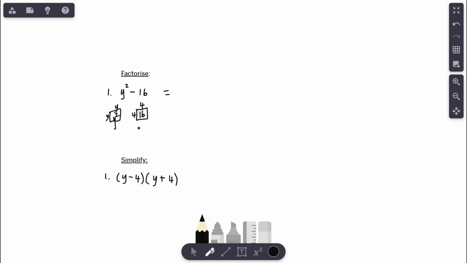So both those terms must be perfect squares, and they must be separated by a minus. Then we know that it will break up into two sets of brackets, where we will have the square root of the first term, the square root of the second term, and then one plus and one minus. And that's it. We are going to apply that shortcut in the next video.